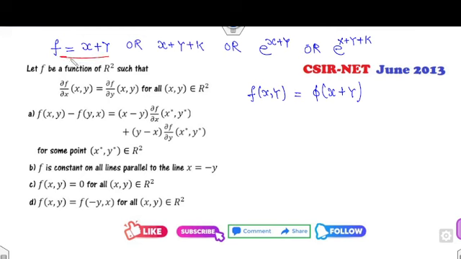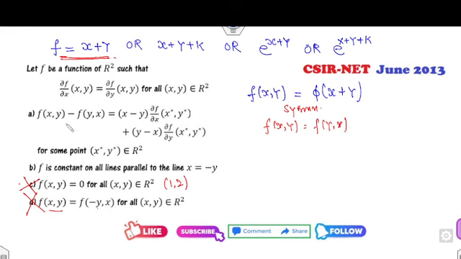Then if I choose this example, firstly f of x plus y, is it true? No, because if I choose 1 comma 2, clearly this is non-zero. Again you can see f of x comma y is not equal to minus f of y comma x. Now whenever f is phi of x plus y, that means it is a symmetric function, because f of x comma y is f of y comma x.